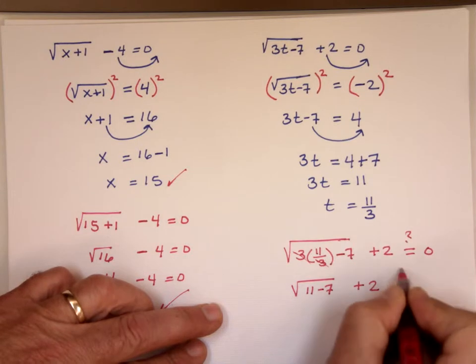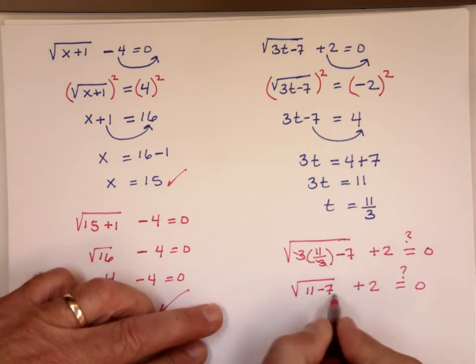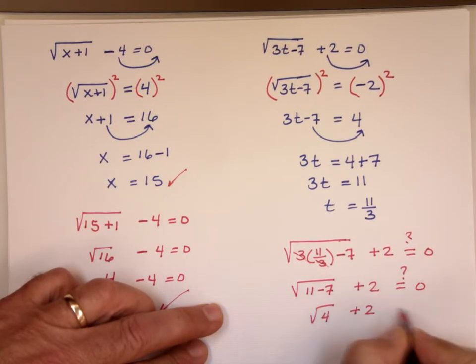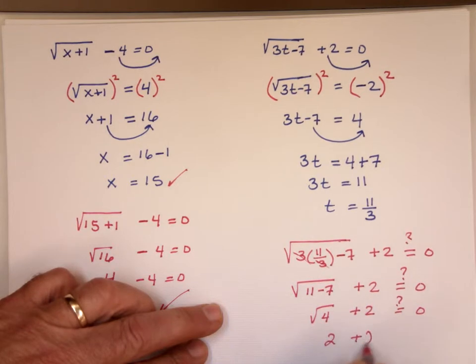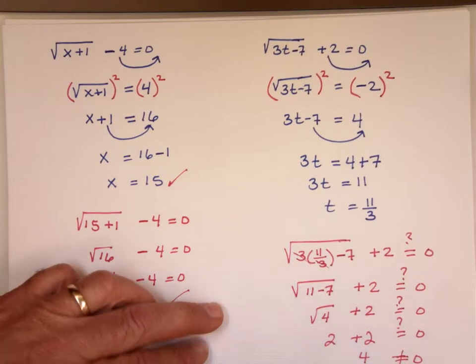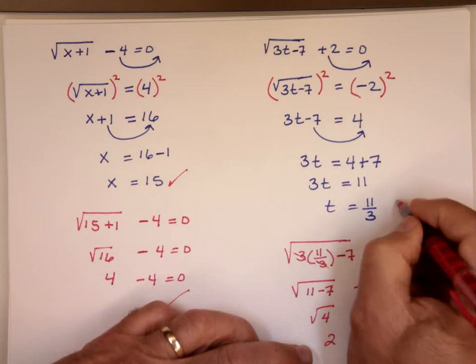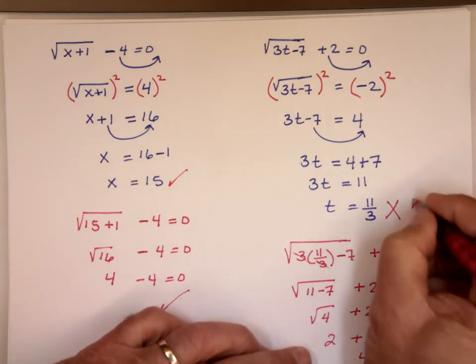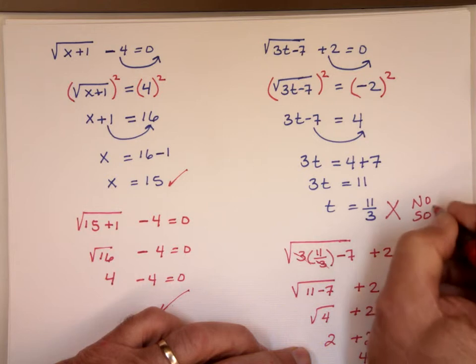Does that equal 0? 11 minus 7 is 4. Is 4 plus 2 equal to 0? No, it does not. So this is not a solution. No solution to this problem.